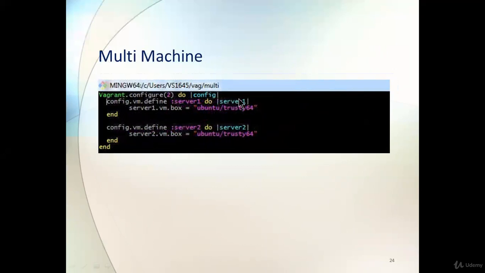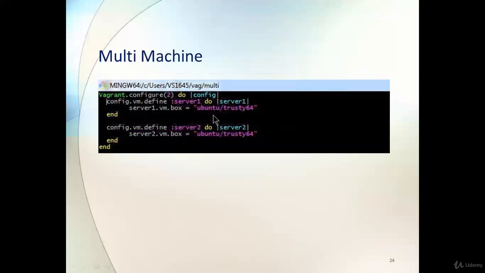So what is the difference? Here we have taken 2 variables. Config is a common variable, both machines are using the same variable config. You can see here config, but this config defines another variable called server 1, and next in the set we are using the same config to define another variable, server 2.